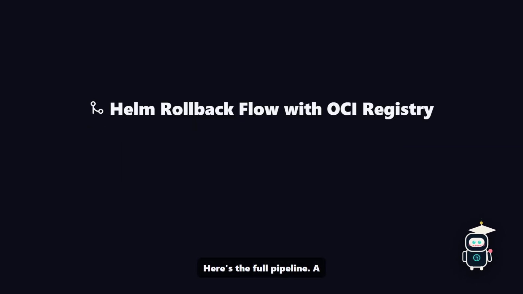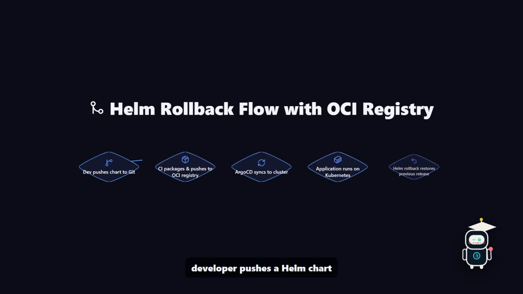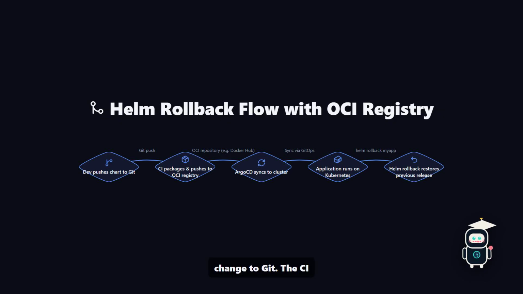Here's the full pipeline. A developer pushes a Helm chart change to Git. The CI pipeline packages it and pushes it to an OCI-compatible registry. That's a standard container image registry used for Helm charts, like your cloud provider's container registry or Docker Hub.